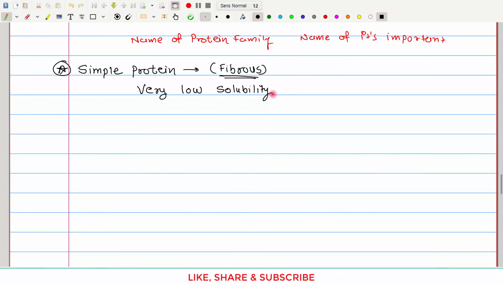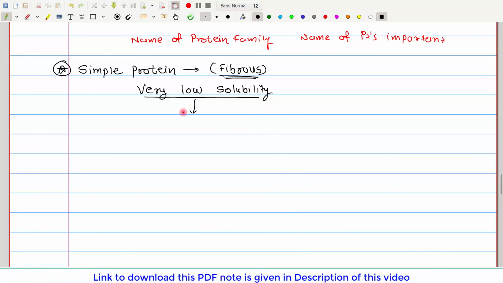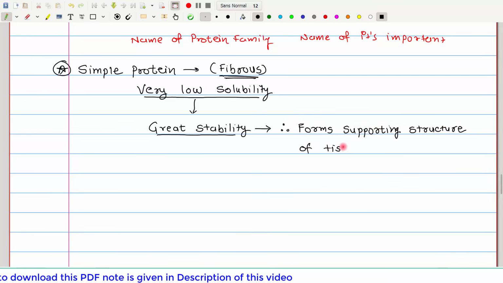So we never talk about the solubility of fibrous proteins. But this very low solubility has a very important advantage. What is that advantage? Because of very low solubility, they have great stability, as they will not get dissolved. So when they have great stability, then they become ideal for the supporting structure of tissue. So because of this, they form a supporting structure of tissue.